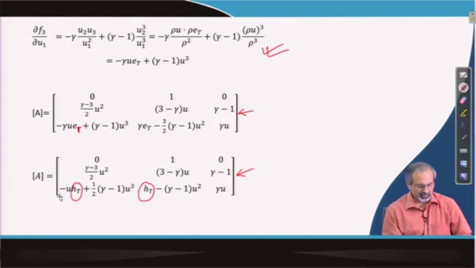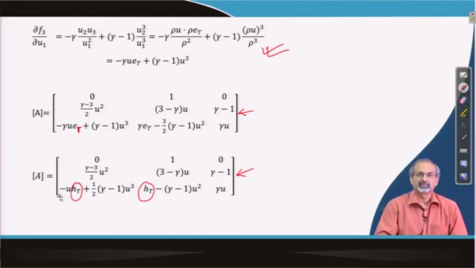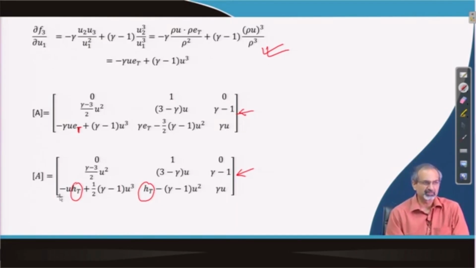So, in your spare time you can try exploring the alternative forms. As you can see that up to the second row of the Jacobian matrix there is no difference, it is only in the energy equation that you see the difference. So, that is the third row of the matrix, which is essentially the third component of F, where the difference is.